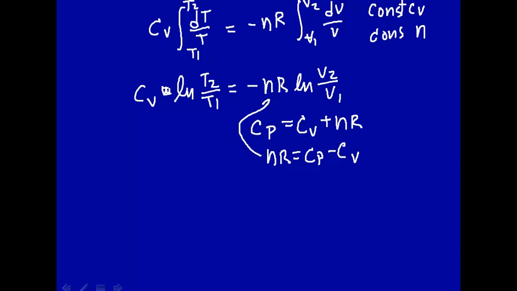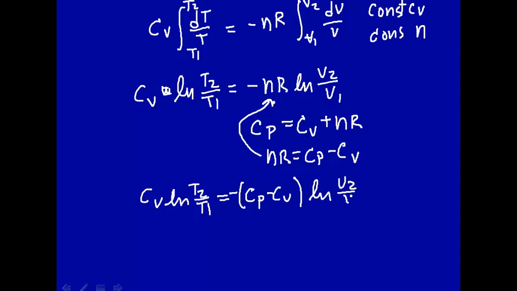Let's substitute that in there. So now we have Cv ln of T2 over T1 equal to minus (Cp minus Cv) natural log of V2 over V1.